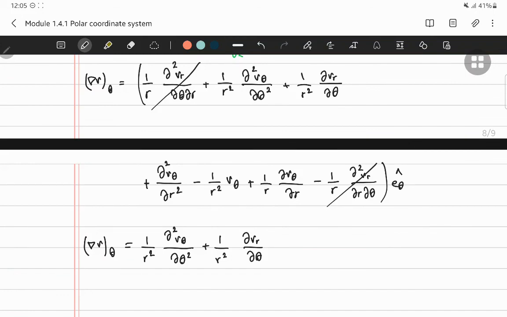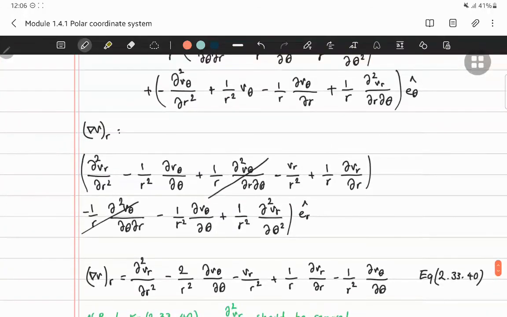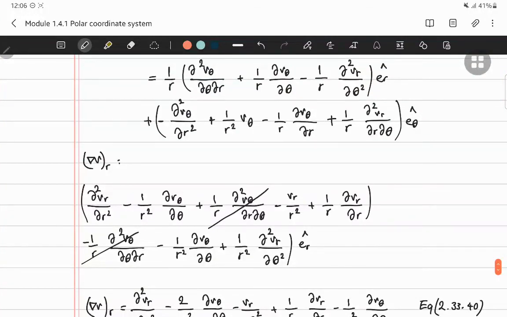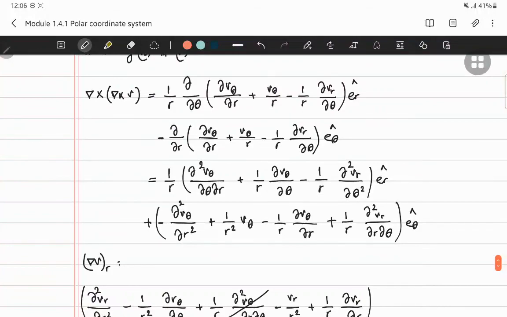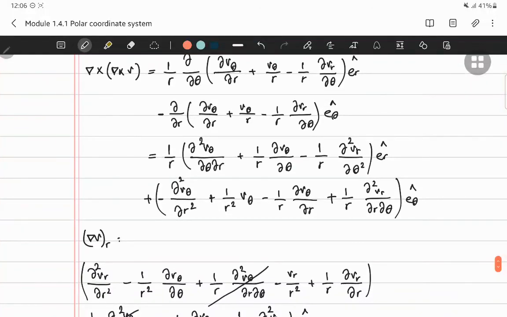And here I have, and there might be another typo here. So I have the derivative of this with respect to r, which is here, the derivative of this with respect to r, which is v theta, and also I forgot to include.